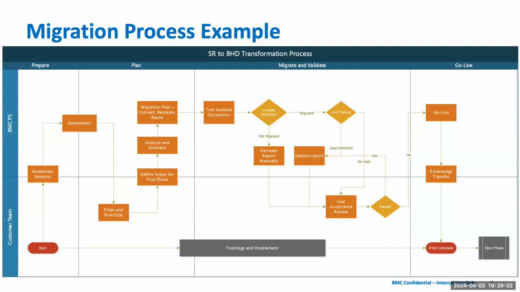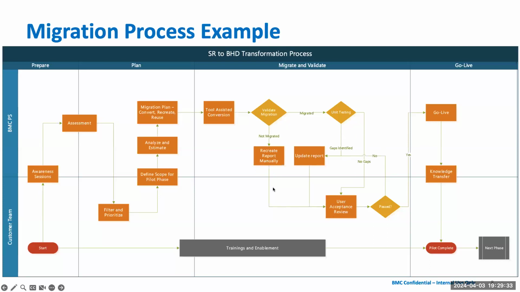If there are any differences, then maybe something did not get migrated properly, and we need to update that report manually. So once that is done, the validation comes in. We go to the end users for user acceptance test. And once the end users are satisfied, those can be released in the live production environment.